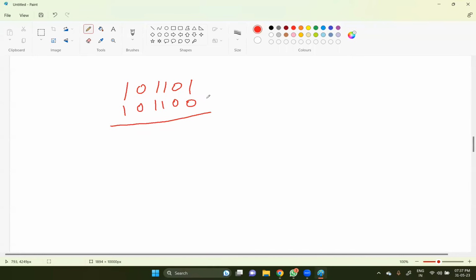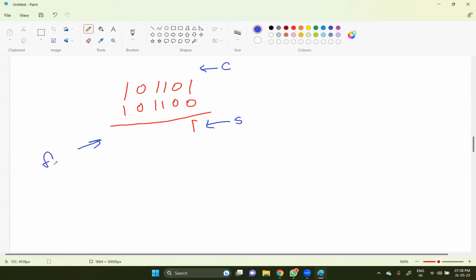Always while we are adding two different bits, we may have some kind of carry. Look at this, 1 plus 0 will be equal to 1. Let me write carry at this particular place, and sum at this particular place. This is sum, and also the final carry.